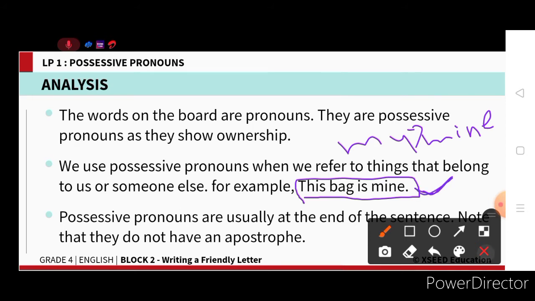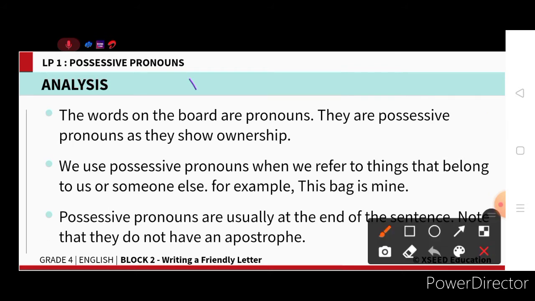My changes to mine. Her changes to hers. His changes to his. They changes to theirs. It changes to its.